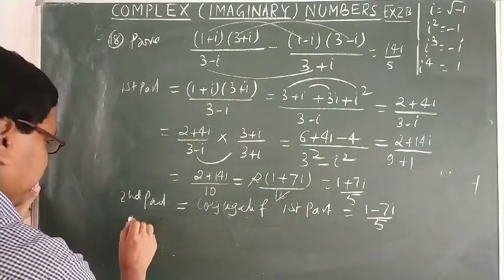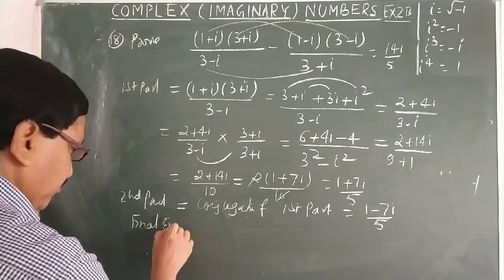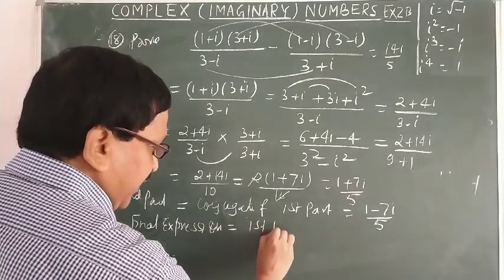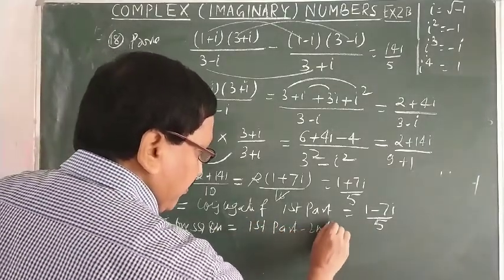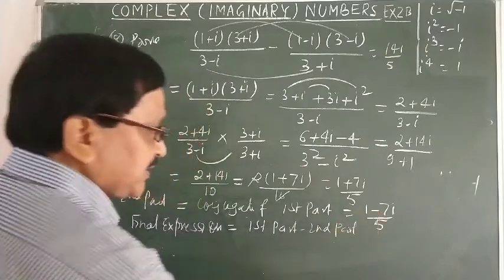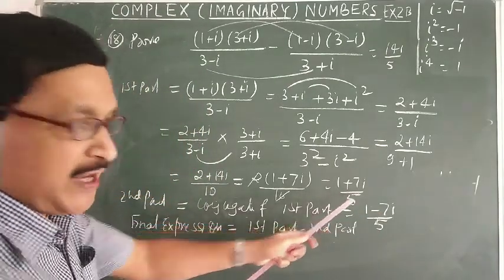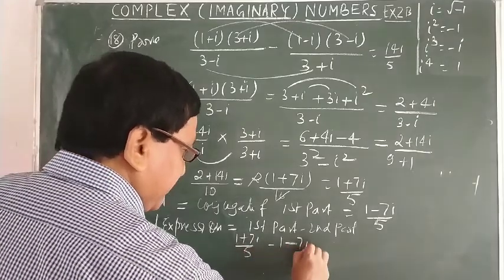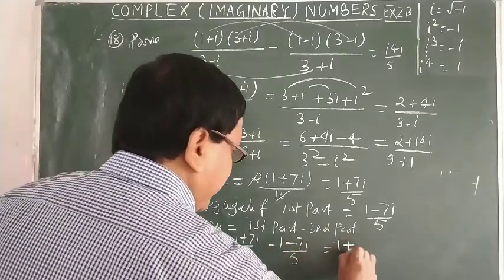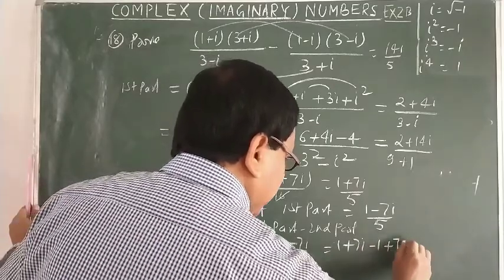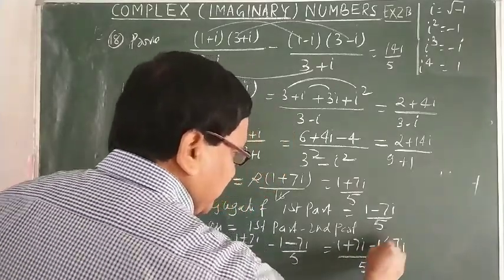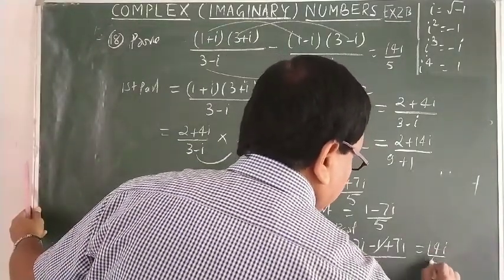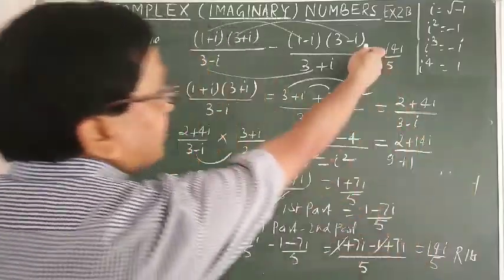So the final expression is first part minus second part: (1 + 7i)/5 minus (1 - 7i)/5. So this is (1 + 7i - 1 + 7i)/5. So 1 cancels, so 14i by 5, proved. So this is your RHS. The proof is ready now.